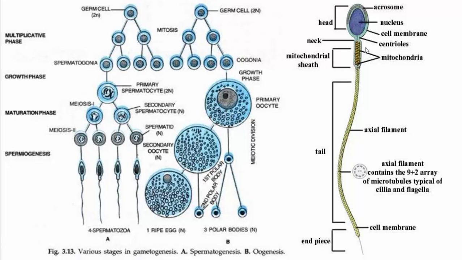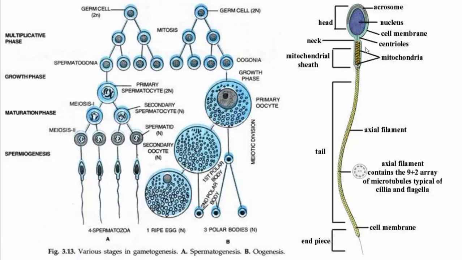However, in egg cell production, it's called oogenesis, the original cell splits once, but it splits unequally. One of the cells that's produced ends up with most of the cytoplasm, and the other is a tiny little cell. And then they each split again, and again, there's unequal splitting of the cell.